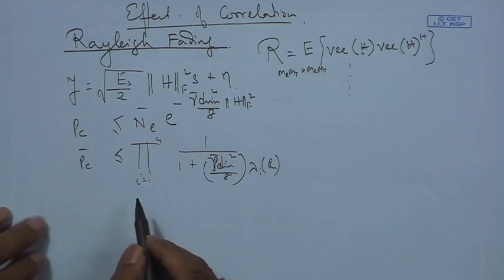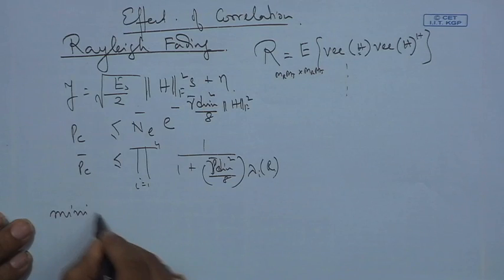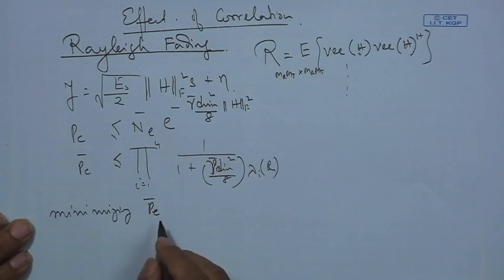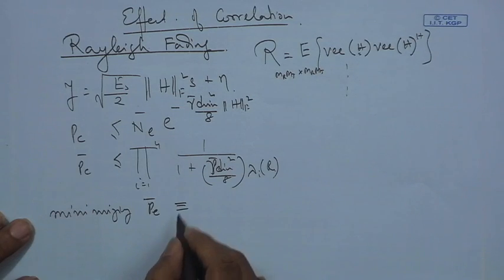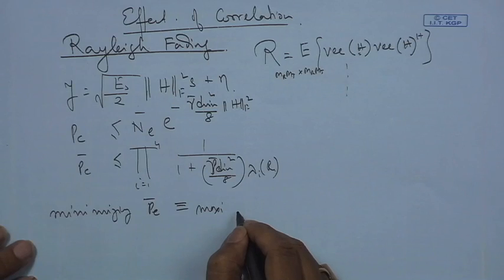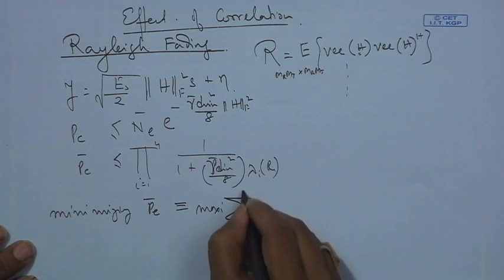What we are interested in is minimizing the probability of error expression. If you have to minimize the error probability expression, this is as good as maximizing the sum over 1 to 4 of the log.